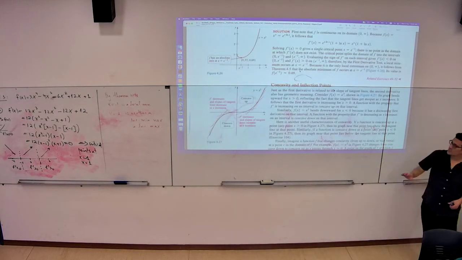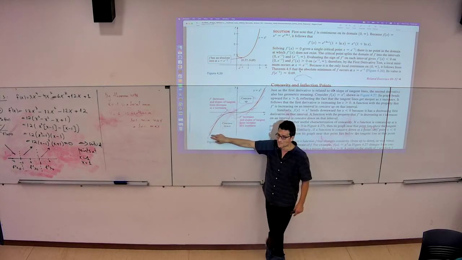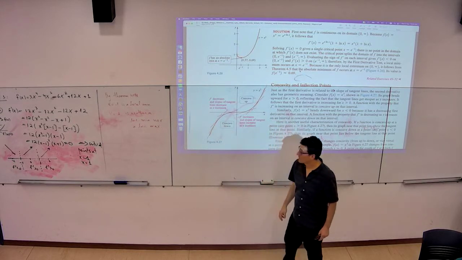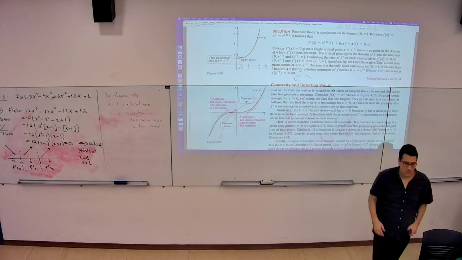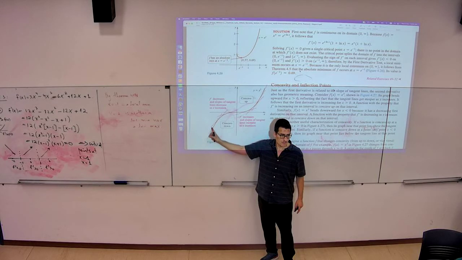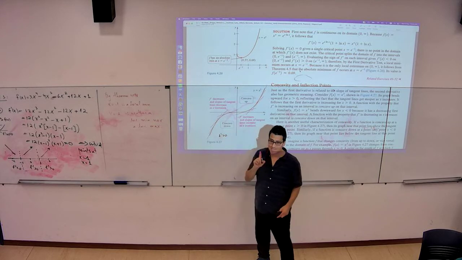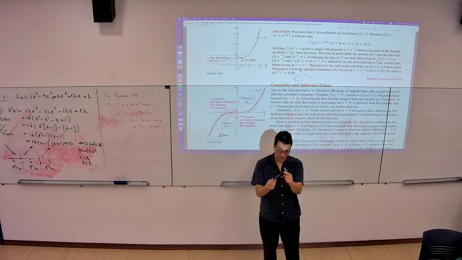So let's check the left-hand side of the function. What happens with the derivative down here? Yeah, the derivative, exactly. The derivative is positive at all times. So f prime here is positive. Function is increasing. But the derivative, like she says, is approaching 0.